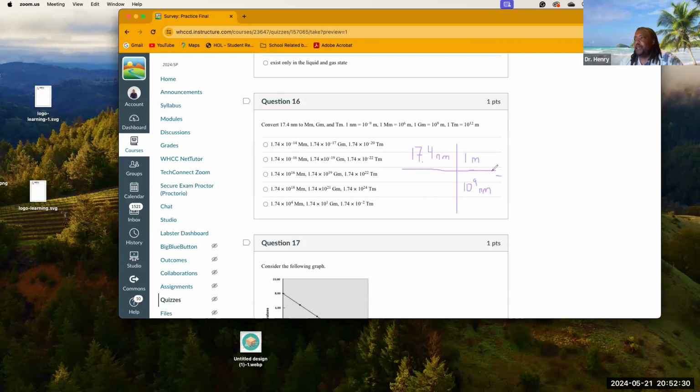And then I know that 10 to the 6 meters will equal 1 megameter.